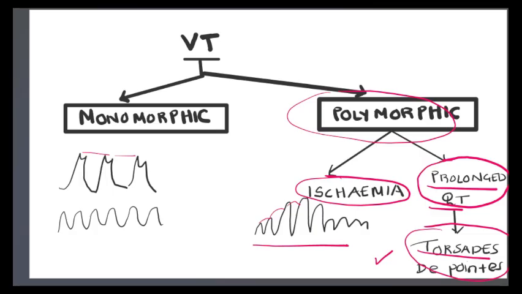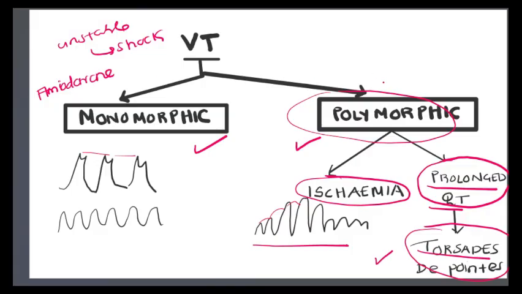So we have completed monomorphic VT and polymorphic VT, and it is very important to identify monomorphic VT from polymorphic VT. Why? Because the medical treatment is different. If the patient is unstable, it's going to be shock, no doubt about that. But in medical management of monomorphic VT, we try amiodarone or lidocaine or flecainide, whatever it is.